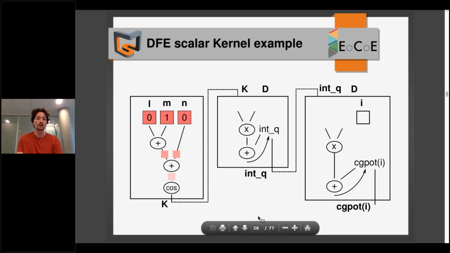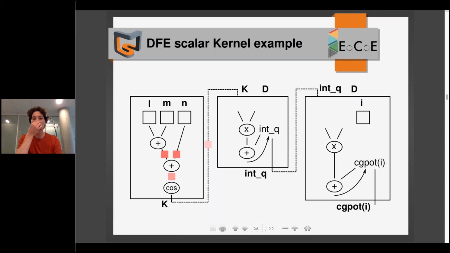Then next clock tick, the cosine has been computed and this element is already flowing to the next kernel. That's really the way you have to think: in terms of streaming. How do you implement your algorithm in a streaming way?